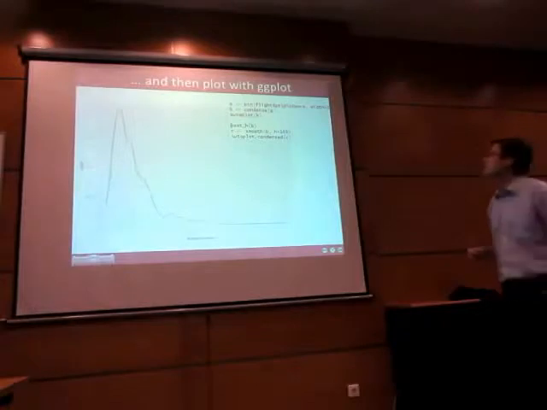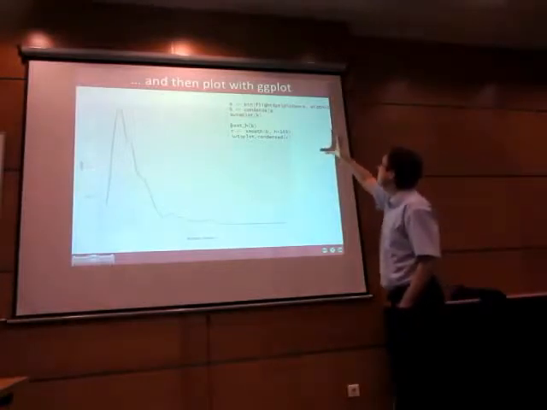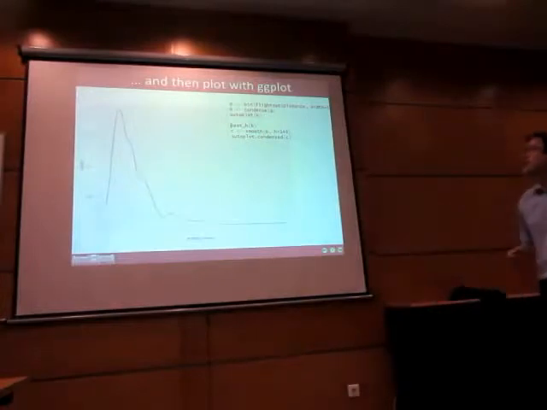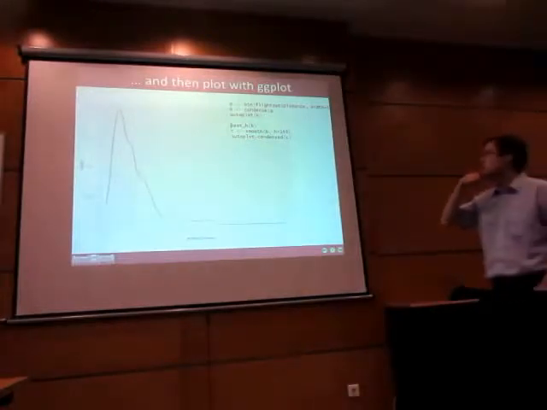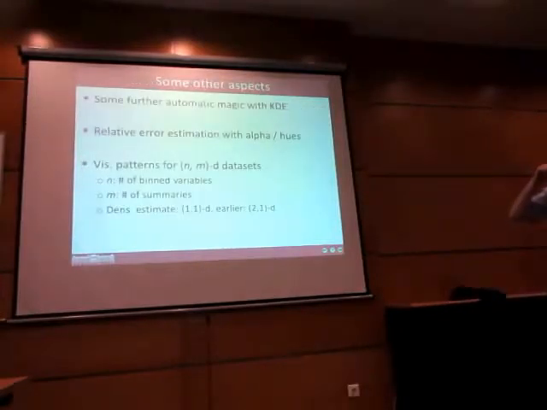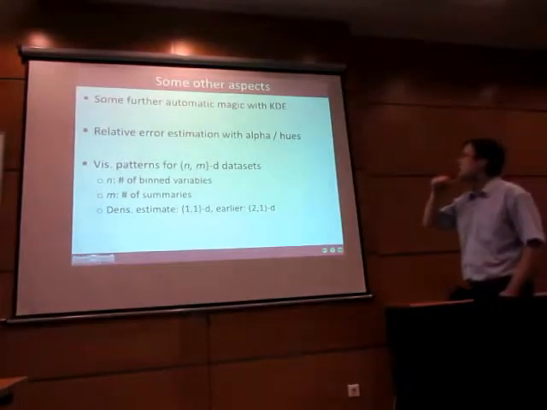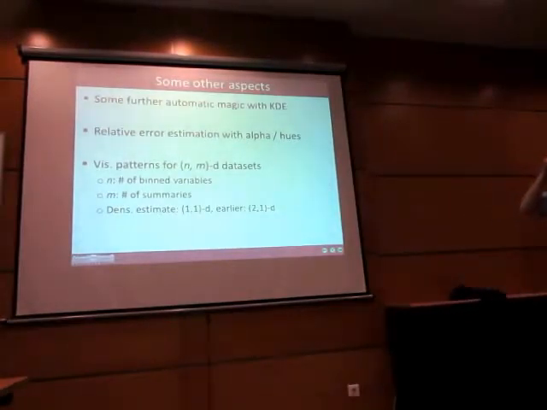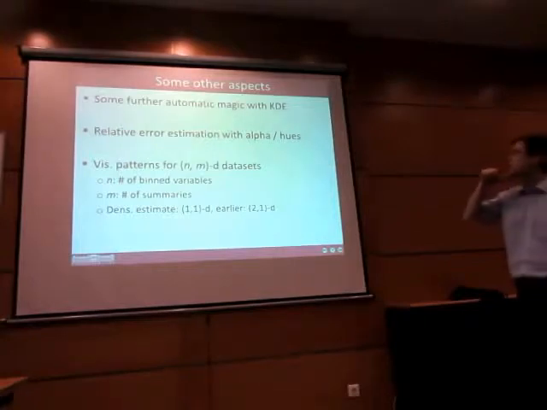And actually that's it. In a few lines you can, for instance, visualize the distance distribution of the data that we began with, and you can even do some nice kernel density estimation on that. Now, the Bigvis package can do, and actually does, some further automatic magic with kernel density estimators.